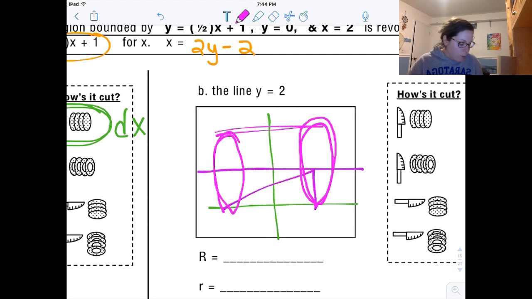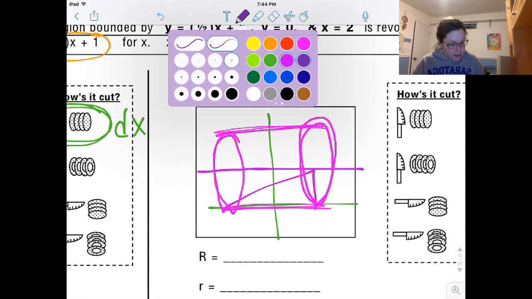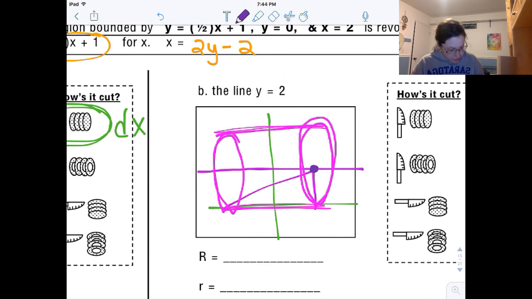And so outwardly, this would look like a cylinder. But then on the inside, you also have these other points revolving around. On the inside, this point would stay stationary, and then these points would revolve up here.